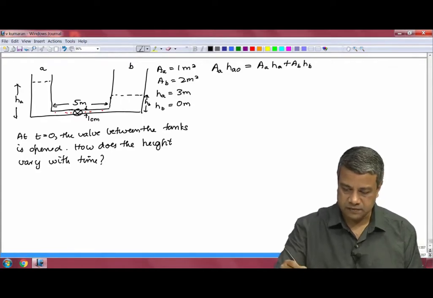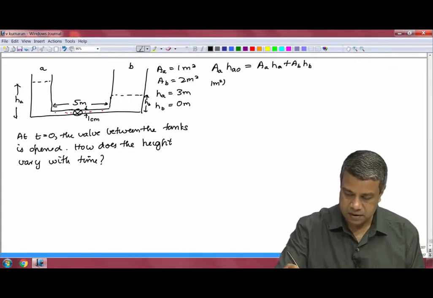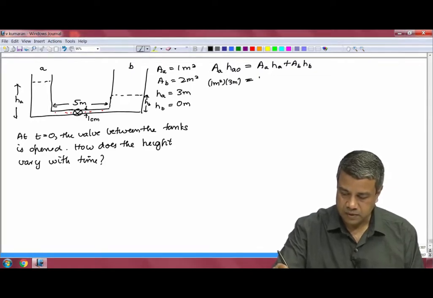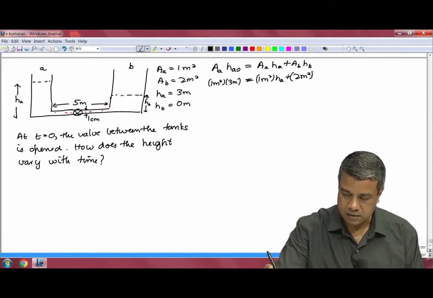So, substituting these values, 1 meter square into 3 meters is equal to 1 meter square into HA plus 2 meter square into HB.